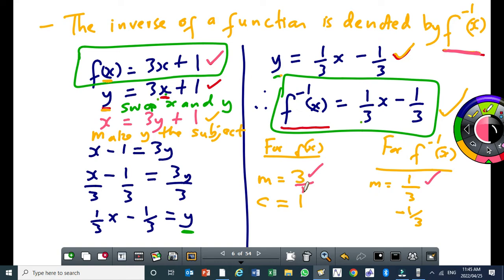Okay? Then the y-intercept of f of x is a 1, and the y-intercept of the inverse is negative a third. Well, I will talk about that later on. But do you agree with me that this one here is the y-intercept of the original, and that negative a third is also the y-intercept of the inverse.